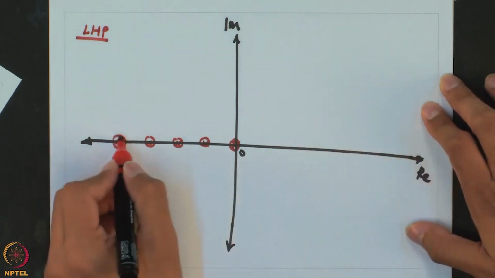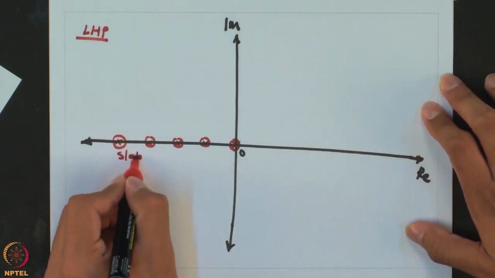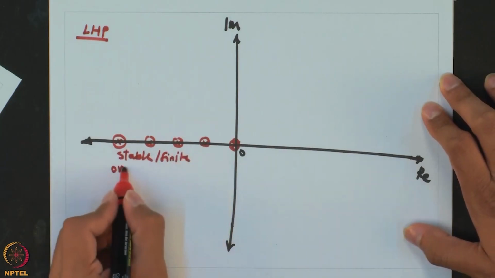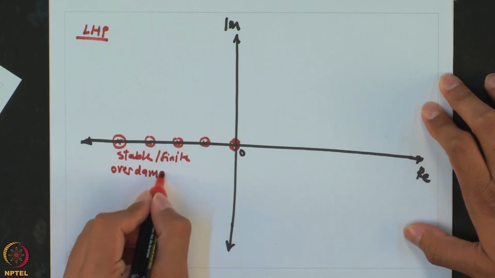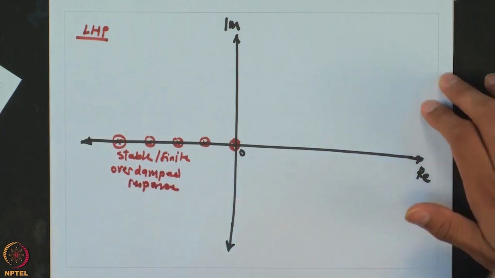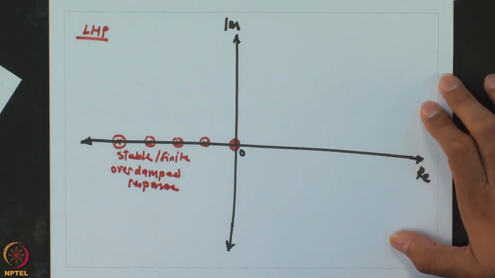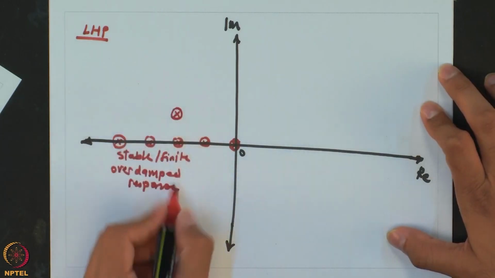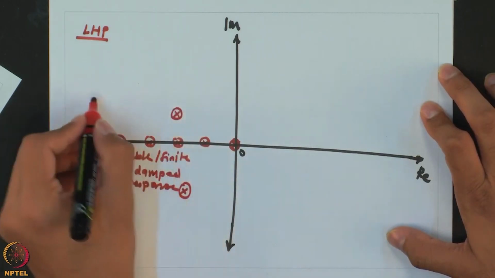So, all these will give you a stable or finite response, an overdamped response. There will be no oscillations in such a case. The oscillations will come if there are complex conjugate poles.